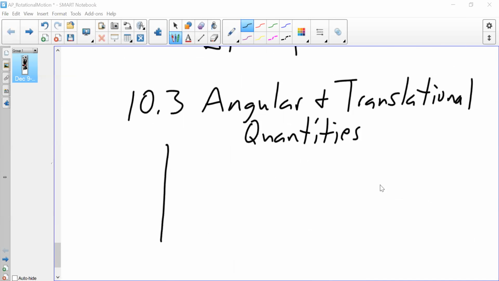Okay, so again, we're back at the circle. And we have radius r, angle theta, and s. This arc length is, to a certain limit, like linear distance. It's like a displacement, x.